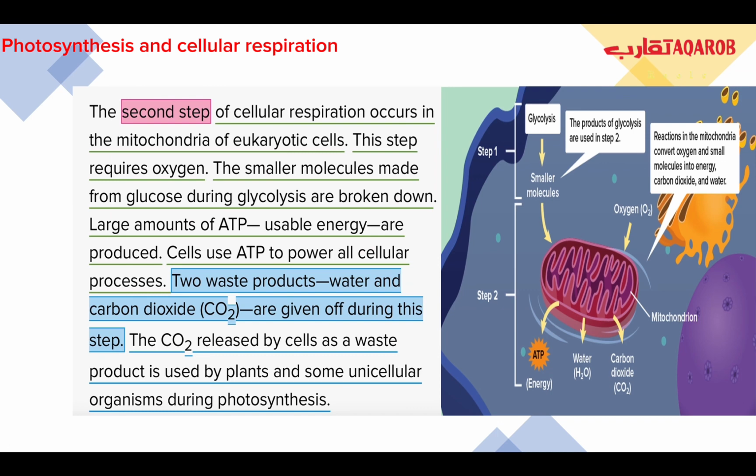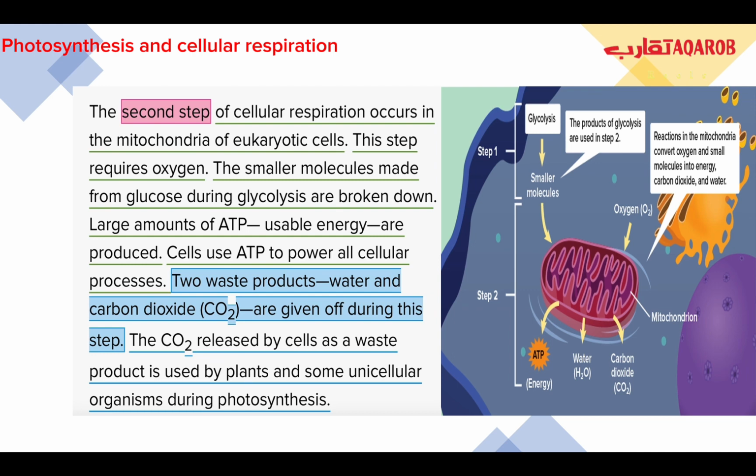The second step of cellular respiration occurs in the mitochondrion. So this is the first step in the cytoplasm, and the second process is in the mitochondria of a eukaryotic cell. This step requires oxygen.